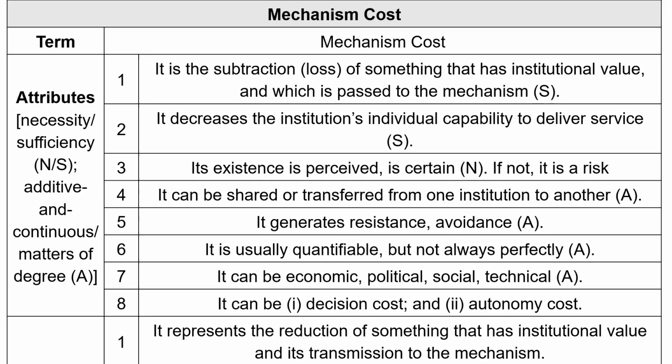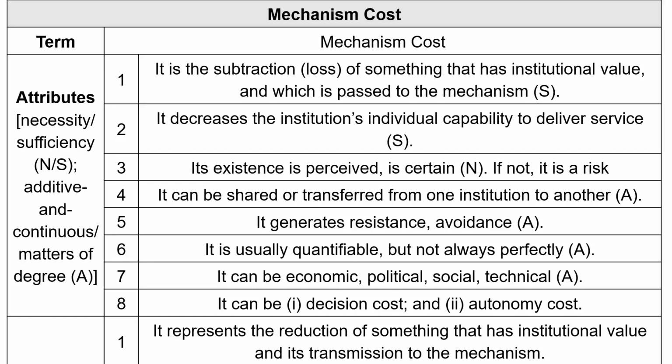It's not about knowing the value, measuring perfectly the value, but it's about knowing if this thing we call cost exists. If not, if it's just a possibility, it's not a cost, it's a risk of a cost.